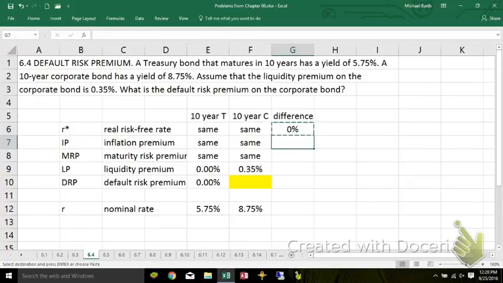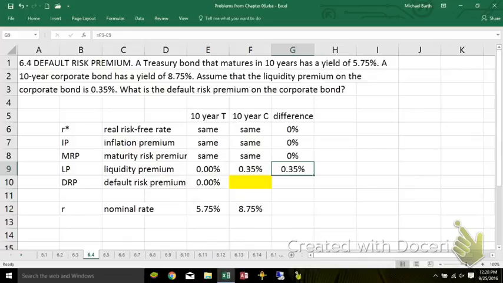And it's also the same difference here. The difference between this one, the corporate, and the Treasury is 0.35% liquidity premium.